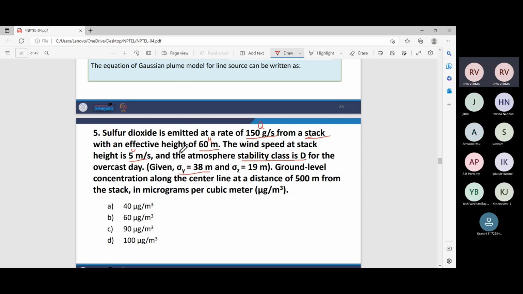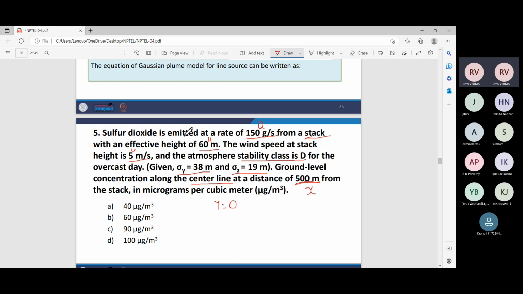Sigma y is 38 meters and sigma z is 19 meters. Now ground level concentration along the center line at a distance of 500 meters. Distance is 500 meters, this is your x. Along the center line, that means your y will be equal to 0. In micrograms per cubic meter.